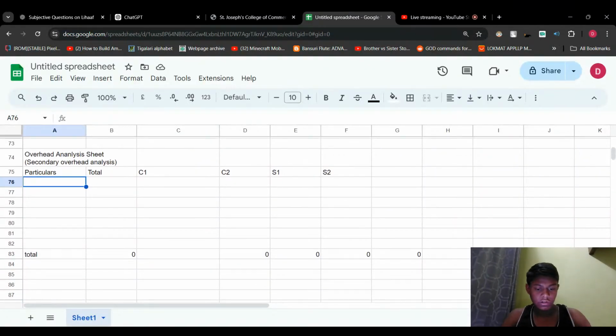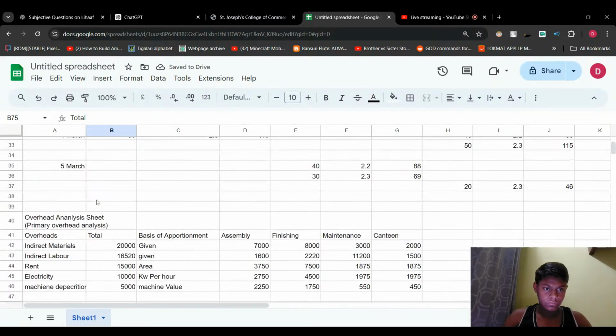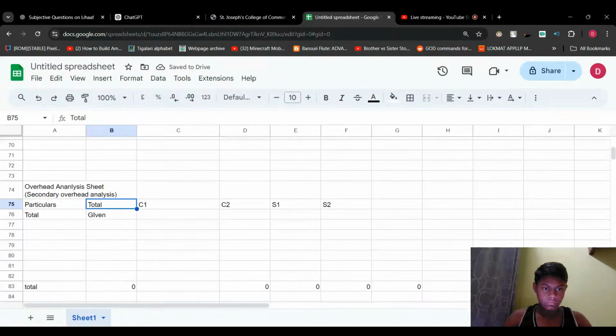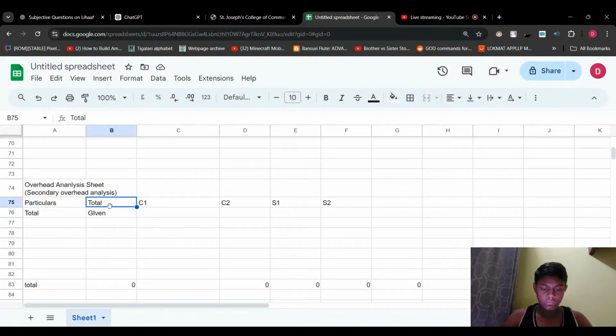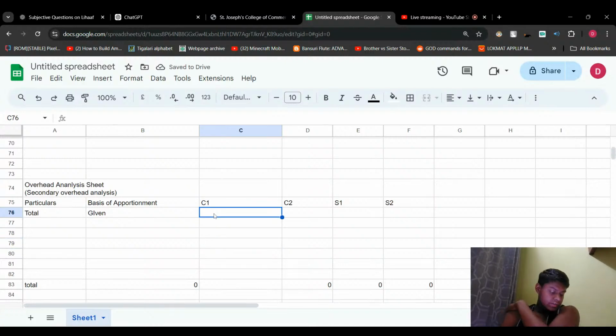Particulars would be the total, which is given, and the basis of apportionment is given. C1 value is 12,000.